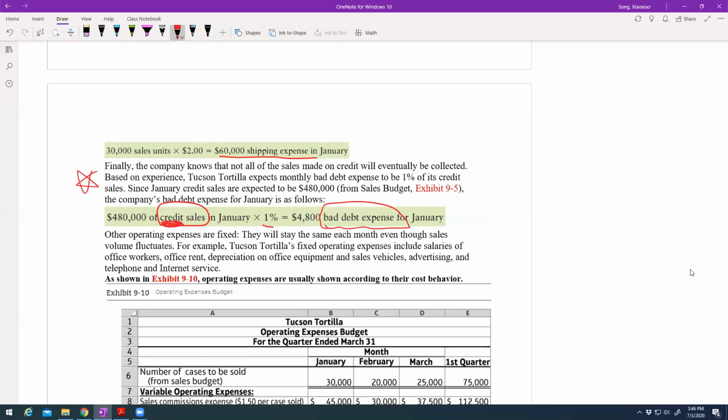So that 4,800 will be our bad debt expense. It only depends on our credit sales, it's not the total sales. Cash sales will never have a bad debt. You only have bad debt for your credit sales. This is one of the things I want to point out here.